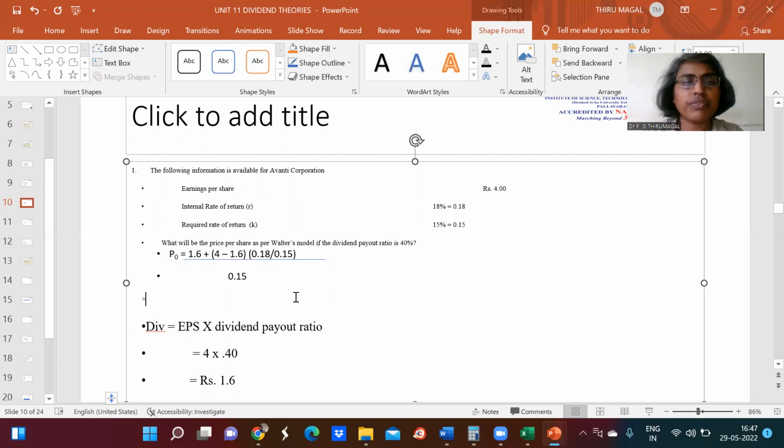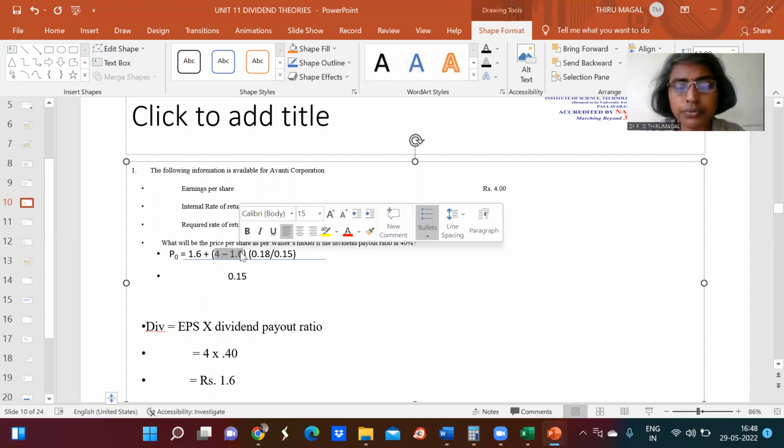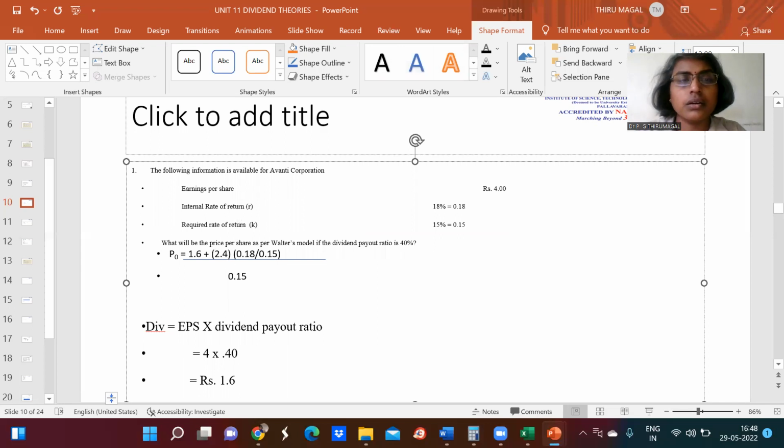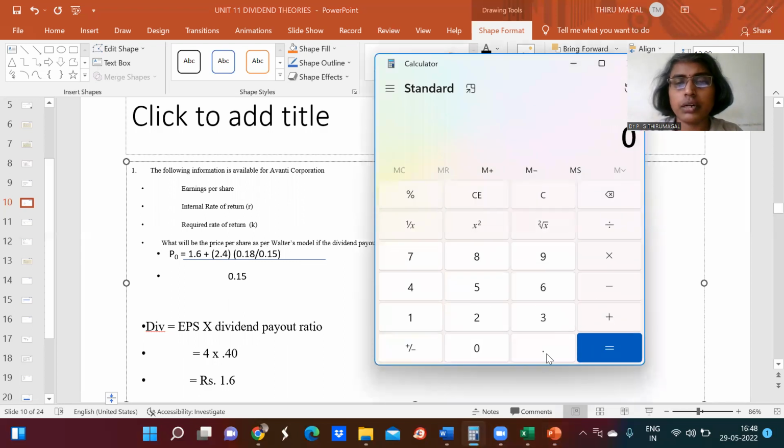Now we need to simplify. We will keep 1.6 as it is. 4 minus 1.6 comes to 2.4. Then 0.18 divided by 0.15 is 1.2.